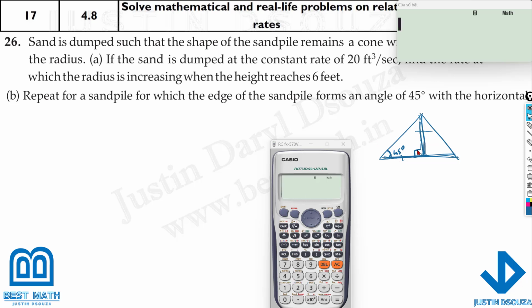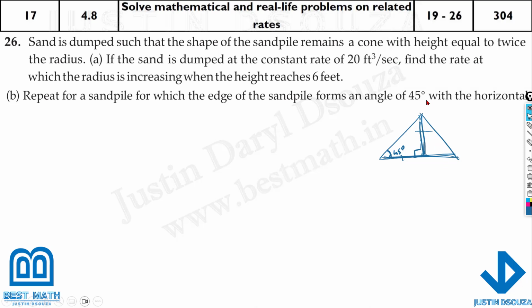Tan theta is opposite by adjacent, right? The hypotenuse is not involved. Tan inverse of the same thing, so 3 and 3 gives 45 degrees. Or if you just multiply tan 45 by any of the sides, you're going to get the same side. So 45 degree means these both are equal. So the radius and the height are equal.